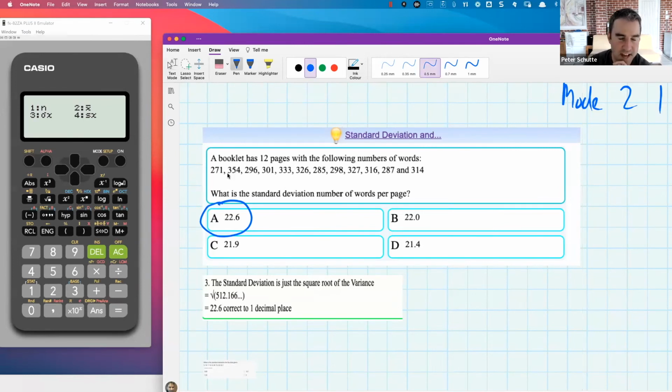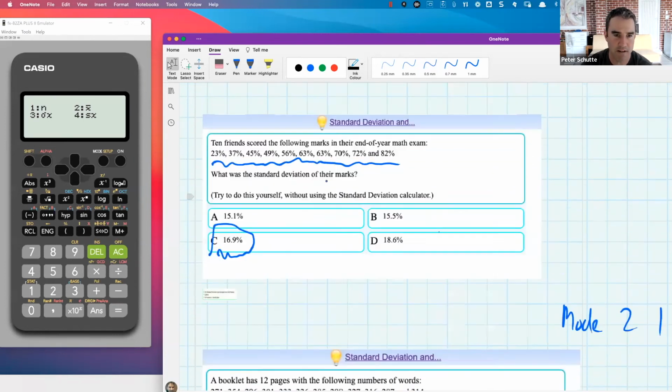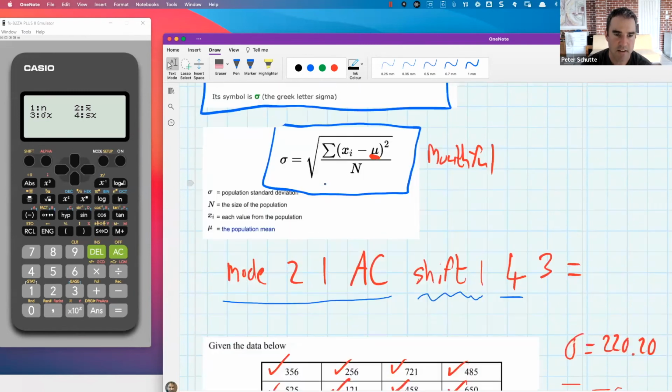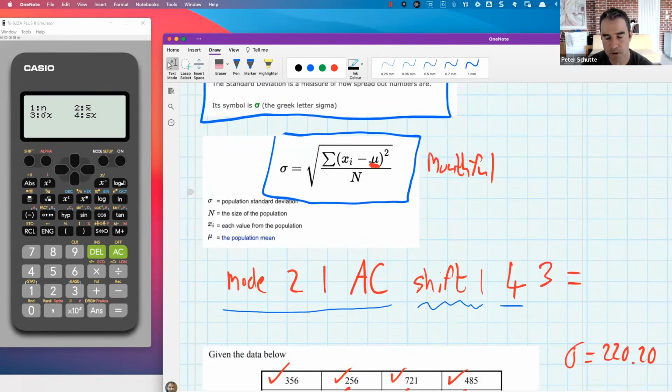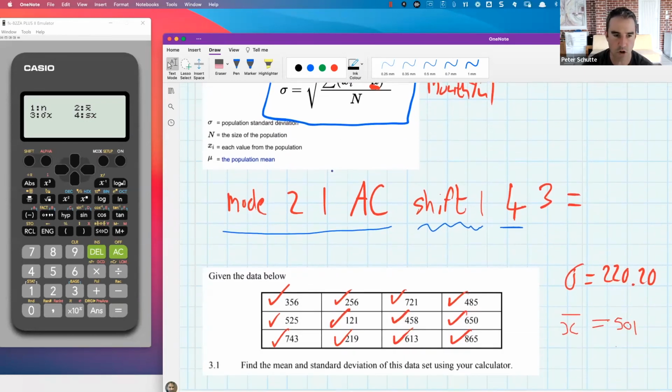So with the standard deviation, you do not need to order the numbers. Did everyone get the question? The calculator does the work for you, but if you look at the formula, let me go back to it for a moment, there's no need to order the numbers because they're differences, and the differences then get squared and added up. So it's the one where you don't need to order it.